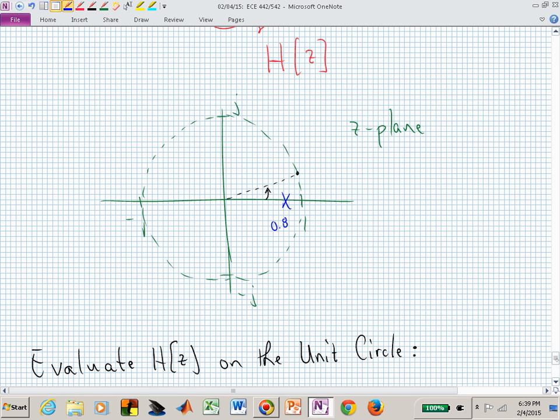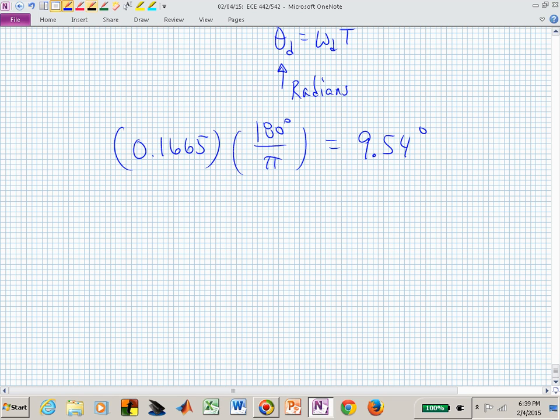Then what do we do? Well, now we simply need to evaluate our transfer function H of z on the unit circle, and we now know where to be on the unit circle, e to the j theta sub d.